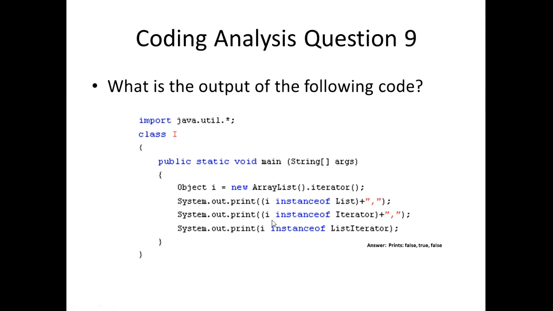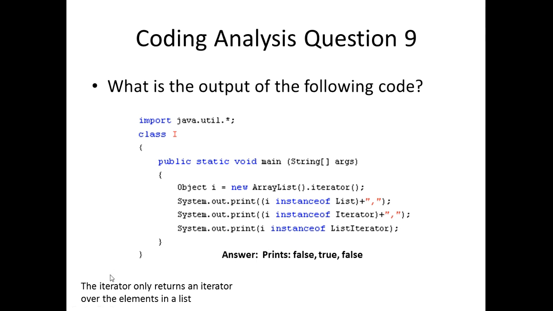And the answer is this. We're going to get false, true, and false. Because i is going to be an object, and we're iterating through a list of elements within this ArrayList. So it's going to create a new instance of Iterator. Iterator only returns an iterator over the elements in the list.